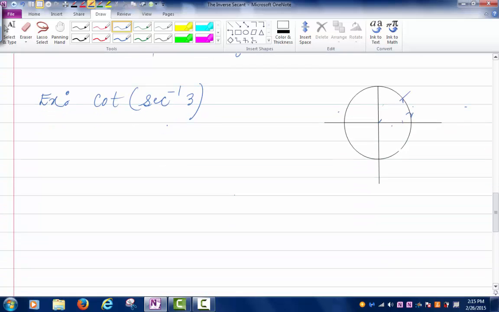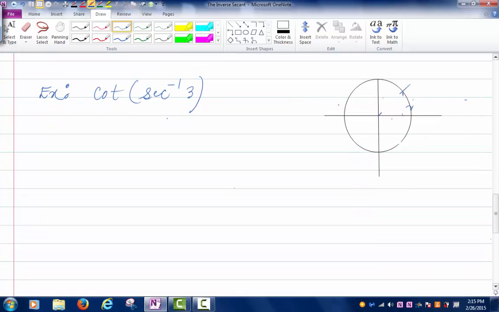Alright. Next thing. What is cotangent of secant inverse of 3? How do I find that? Just like last time, when I think we did cosine of tangent inverse or something.